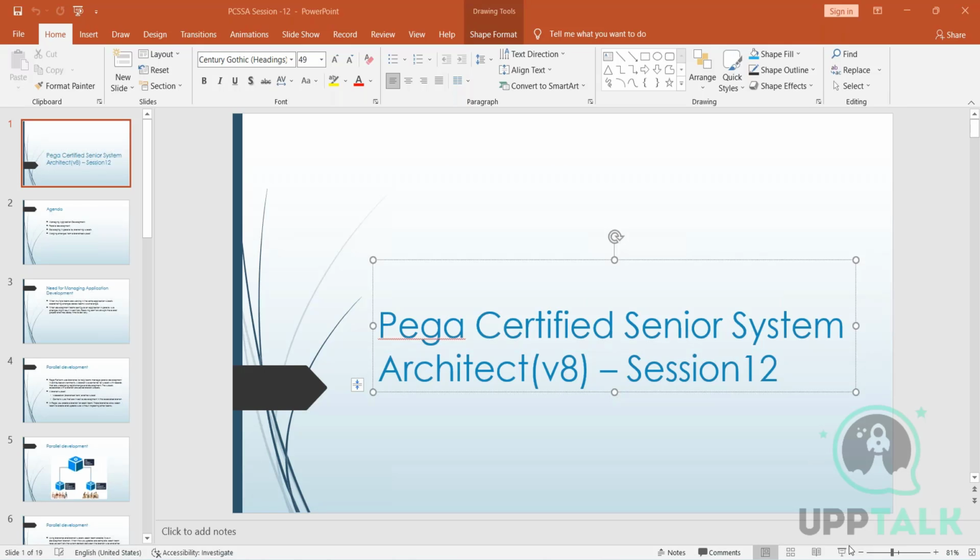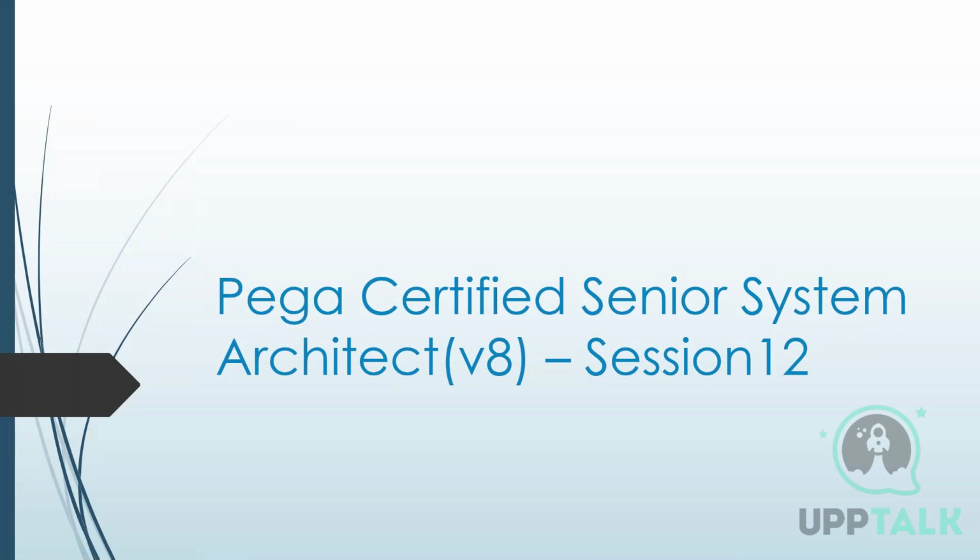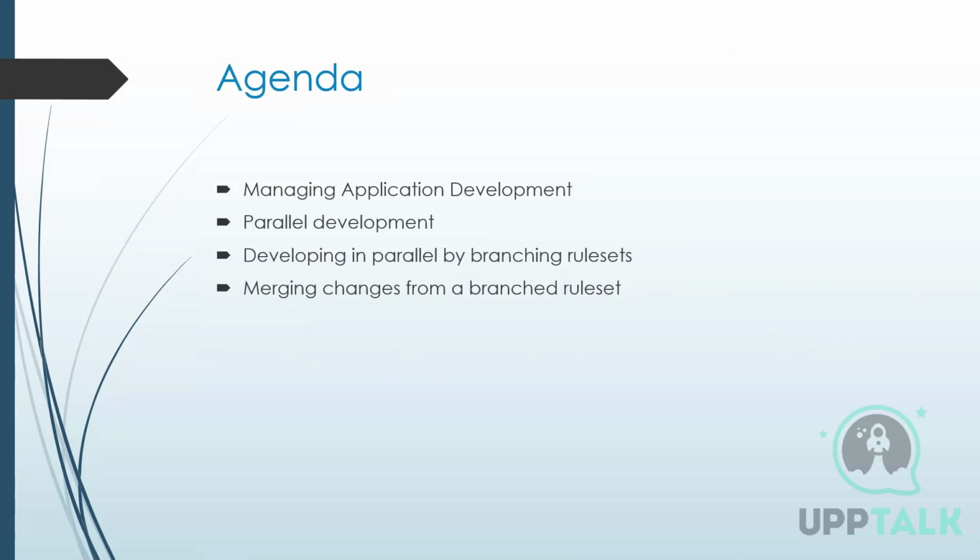Today, let's go ahead. We'll be talking about something interesting, and I think this is something we do on a daily basis. We'll talk about parallel development. So when different teams or different people are involved in building an application, how would we do it? They might need to work on the same rules.